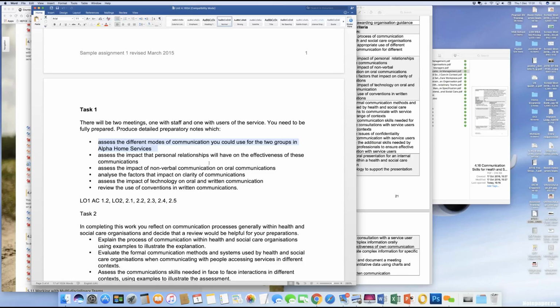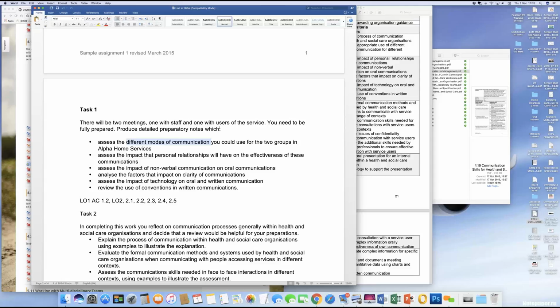Right. Now, if I just delete all the jargon and English in this, for example, I know assess is the command verb. If I delete everything else, the different modes of communication, what the task is asking you to talk about is the main thing in the task. In this case, it is asking you to assess, not access, assess, the different modes of communication.